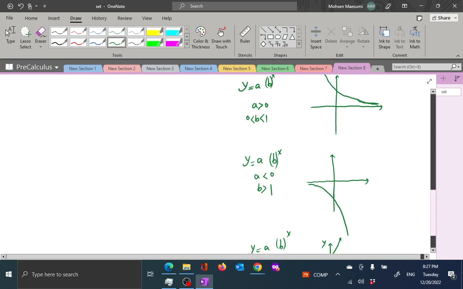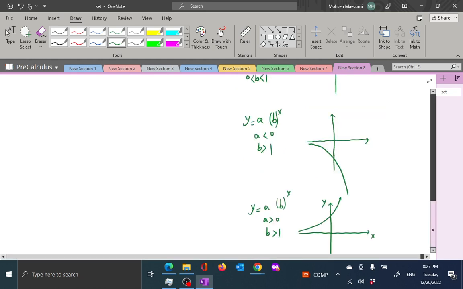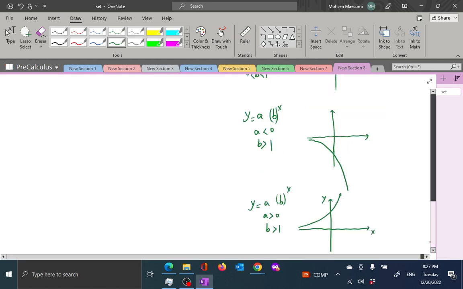If a is negative and b is larger than 1, negative a means I am in the lower half plane, and b larger than 1 means I will be approaching 0 on the left and exploding on the right hand side. Finally, if a is positive and b is larger than 1, this is going to be the graph of the exponential function in this case.